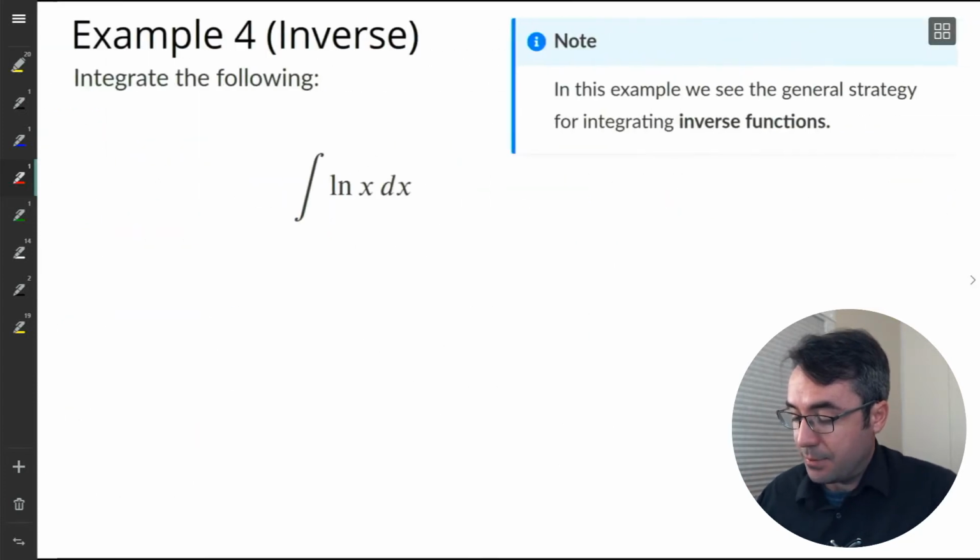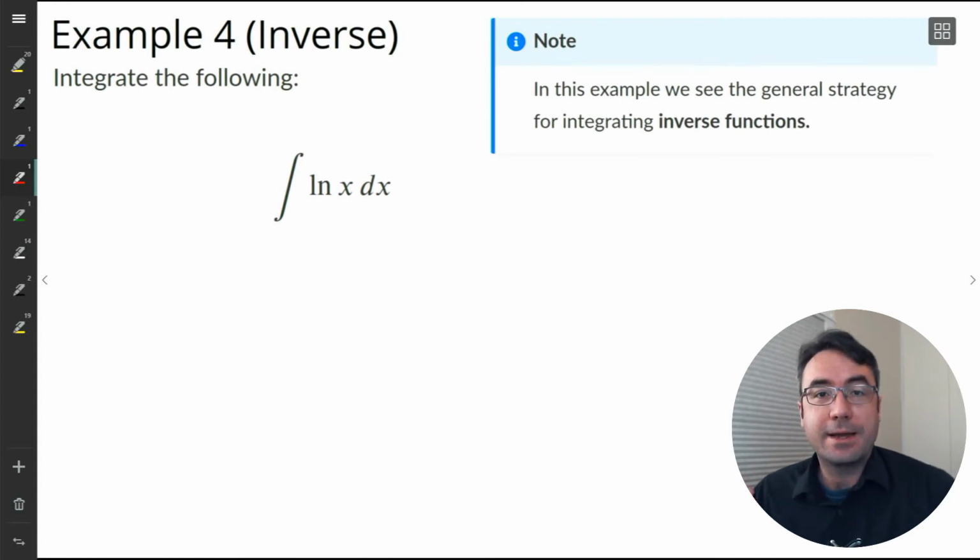In this next example, though, we're not going to see a product, at least immediately. So in general, one of the nice side effects of integration by parts, one of the nice benefits, is that we can use it to integrate our inverse functions. So we can use it to integrate inverse trig functions, but we can also use it to integrate inverse exponential functions, which also happen to be called log functions.